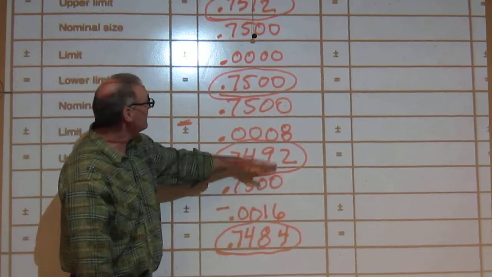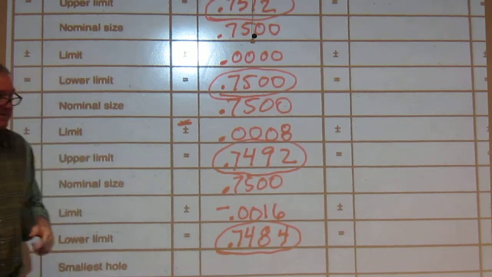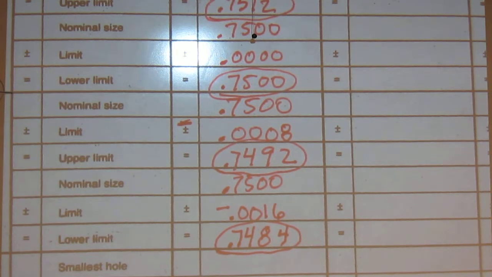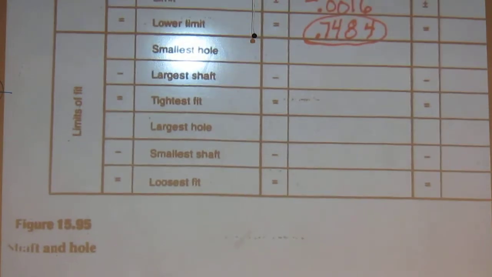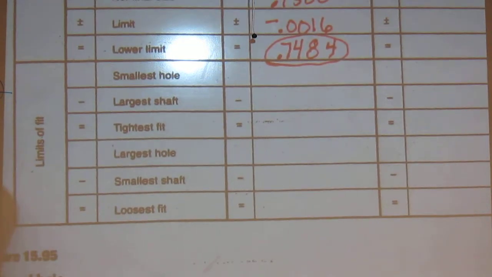So I've got 0.7492. That difference will always be there, depending on how the part comes off. That's the smallest, which is our allowance. Now the bottom section is down there just to look at this, where you're looking at maximum material condition and least material condition.